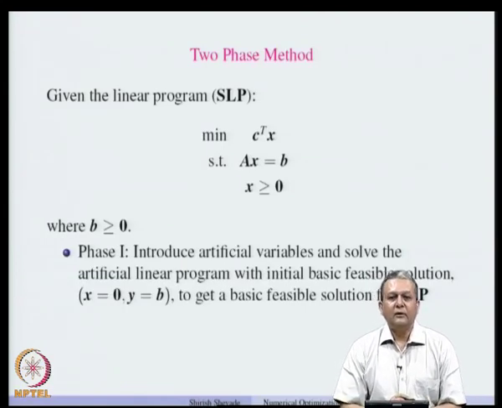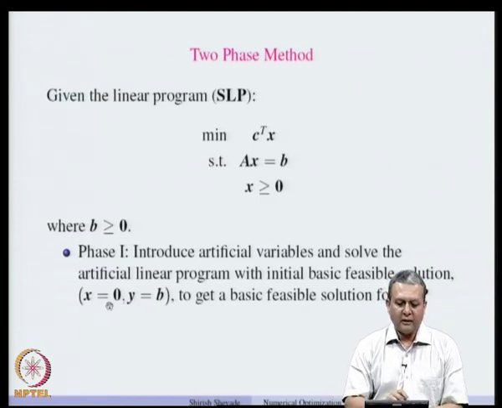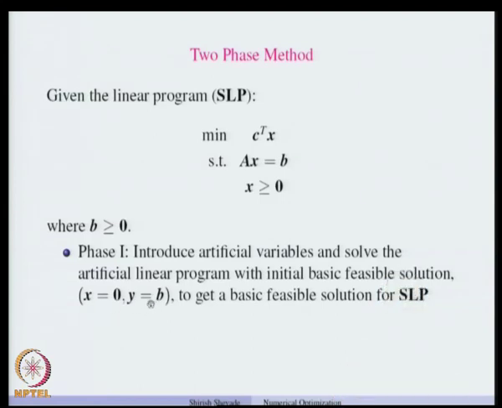So, phase 1 introduces artificial variables and solves the artificial linear program with initial basic feasible solution as x equal to 0 and y equal to b. So, y is the artificial variable, and that linear program solution is used to get a basic feasible solution for SLP if such a solution exists. Otherwise, one can conclude that the basic feasible solution for the given program does not exist.